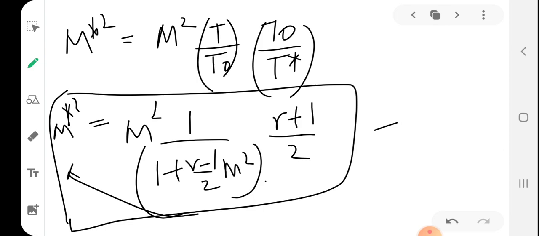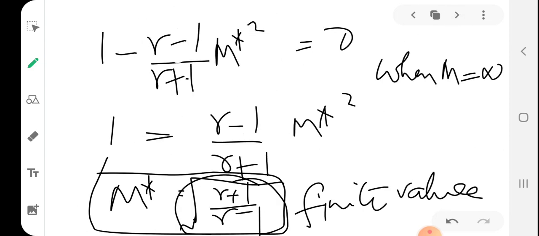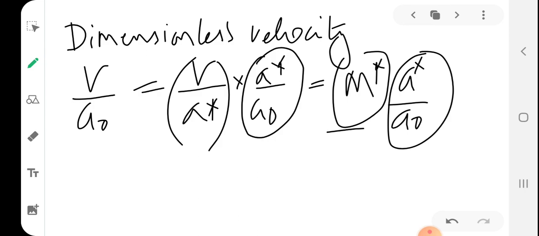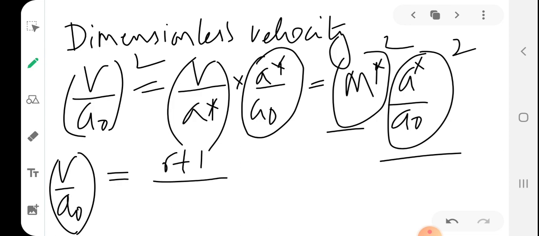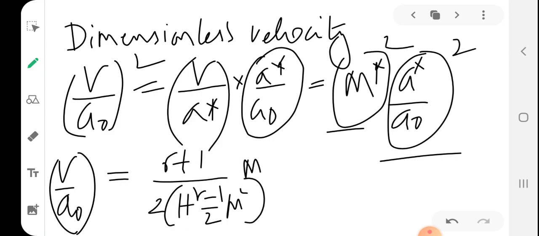Substituting all these relations in this particular expression, for V by a0 square, instead of M star square you can write gamma plus 1 by 2 into 1 plus gamma minus 1 by 2 Mach square into Mach square, right?